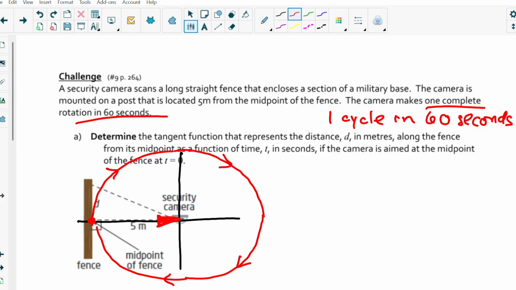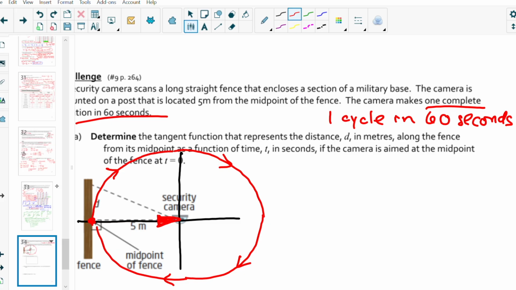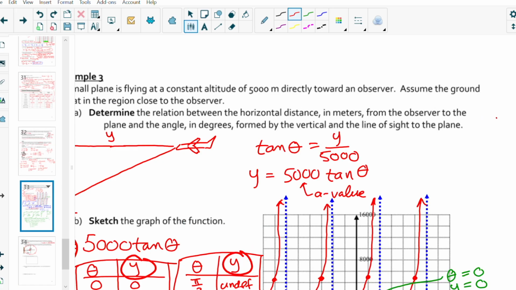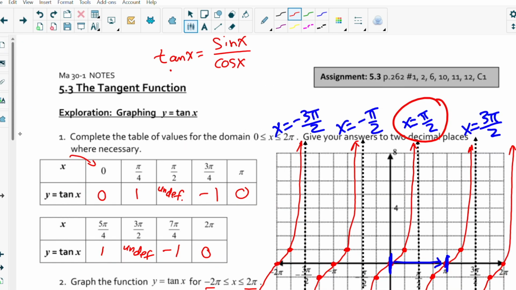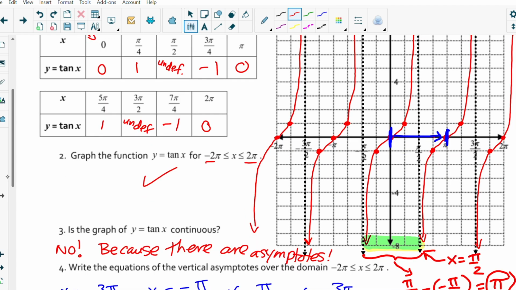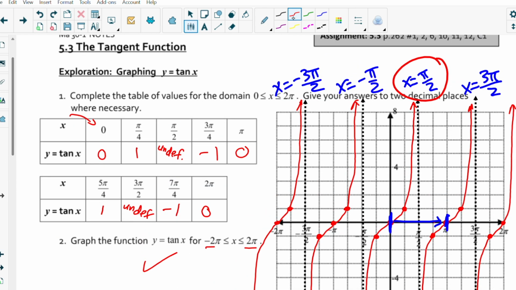Okay, so remember for a tangent function, I'm just going to go back here real quick, folks. All the way back here. One period of the tangent function is pi radians, or 180 degrees.